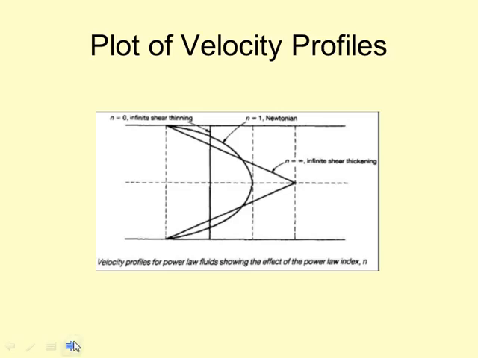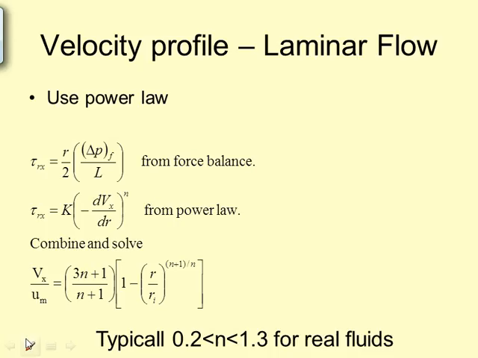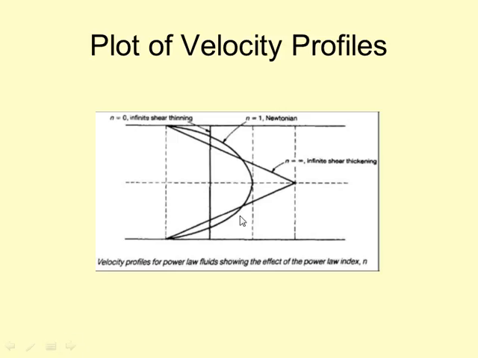So as n approaches infinity, then this over this approaches 1, and it becomes like a straight line. For n very large, it becomes a straight line. For n very small, it becomes basically like a uniform flow.